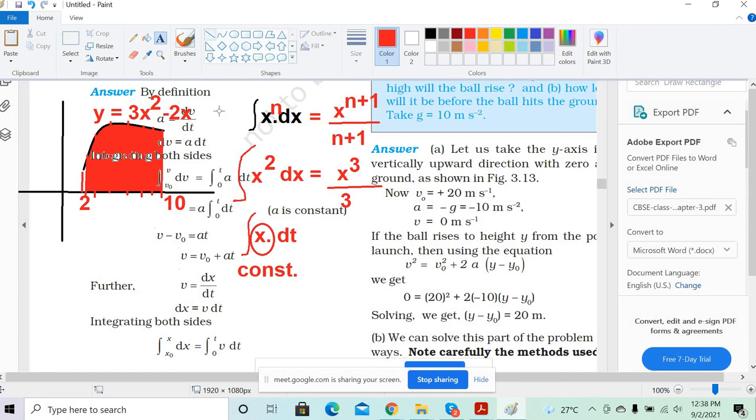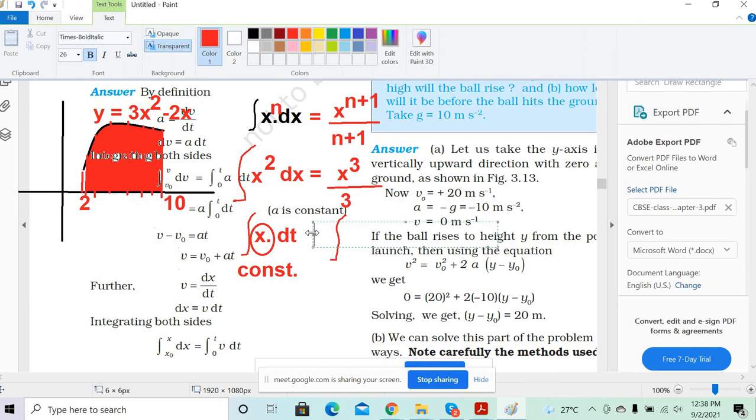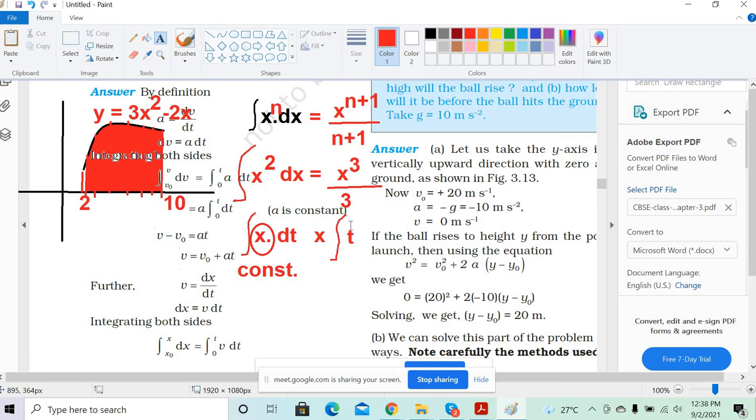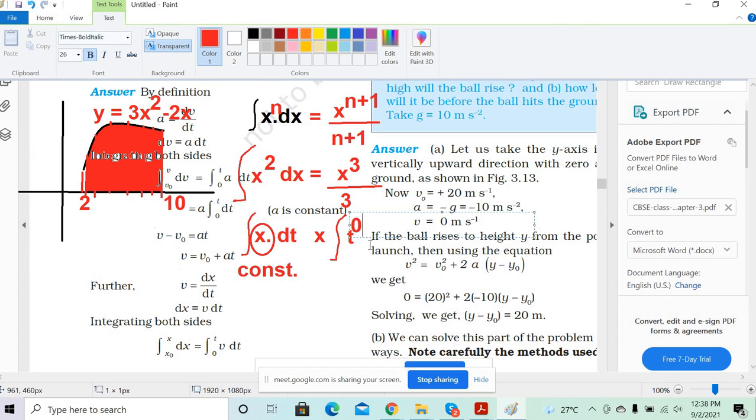So you can just write it here separately like this: x, and no t is there, so we can put t power 0. T power 0 is anyway 1, only dt.